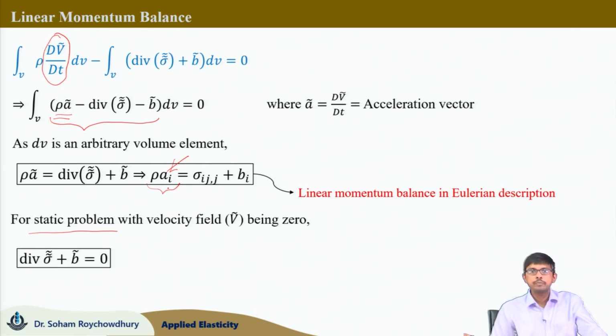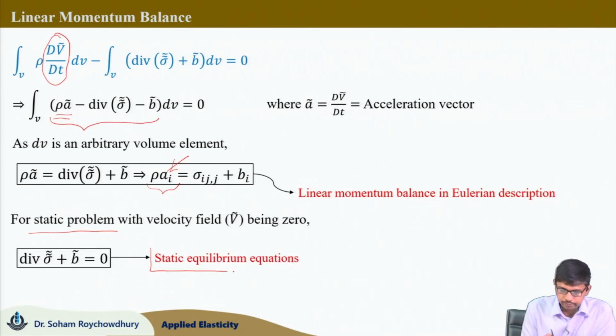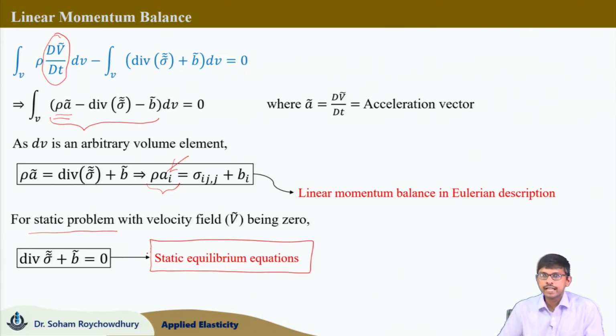Thus, it would be divergence of sigma plus b equals 0. This is called the static equilibrium equation, one very important equation which we will be using multiple times within this course. So, for solid mechanics and elasticity problems, as we are not considering the dynamics of the system, divergence of sigma plus b equals 0 gives us the static equilibrium equation.